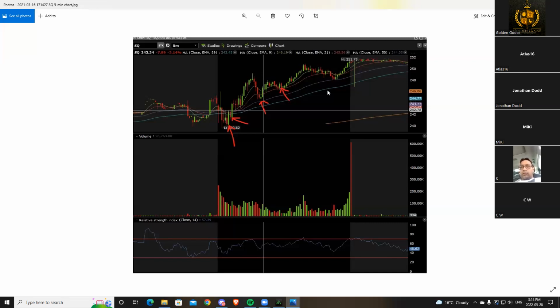The confirmation here for me would be this first red candle after that inverted green hammer. And as you can see, it makes the move from about 248 to about 245, 246. And again, this is probably better in a sense that you don't see a candle every minute.